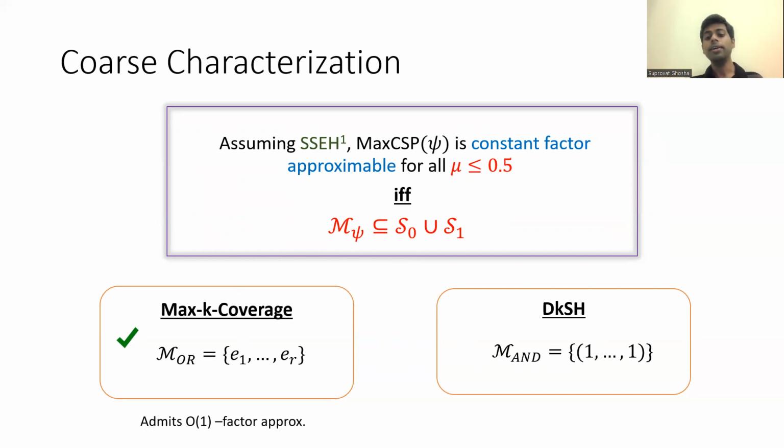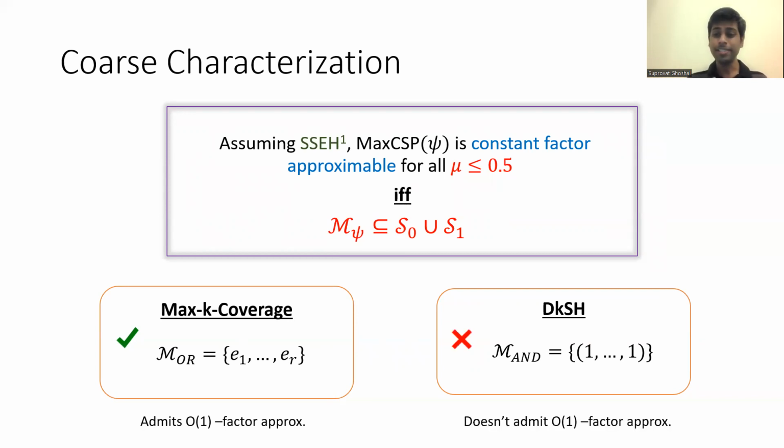On the other hand, if we take Densest-k-SubHypergraph, recall that Densest-k-SubHypergraph is again a biased CSP with an AND constraint on the edges, and the AND formula has just one accepting string, which is just the all-one string.